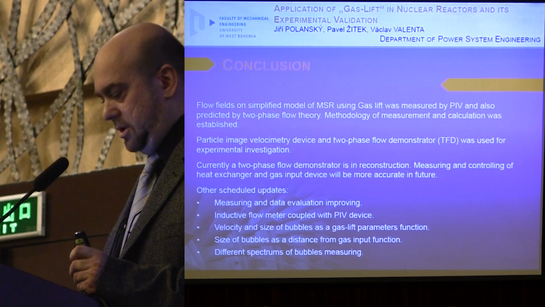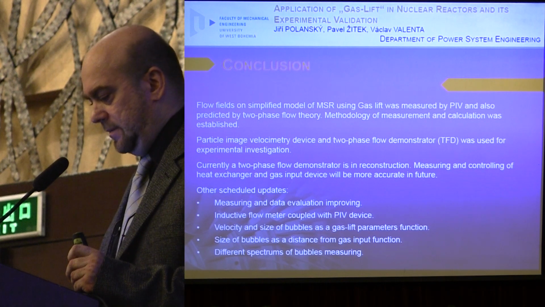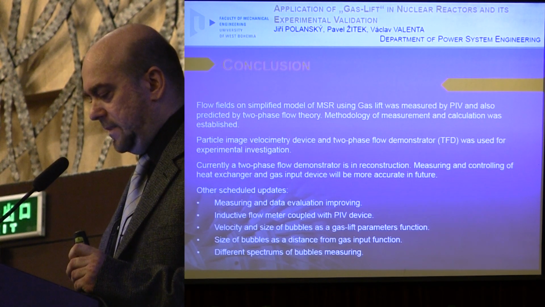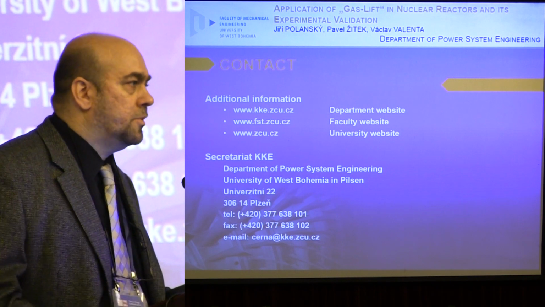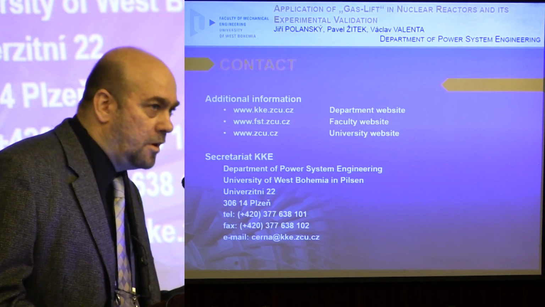We plan to use both methods together to measure precisely the size and velocity of the bubbles, etc. That's all. These are the contacts for myself and my department, and thank you very much for your attention.